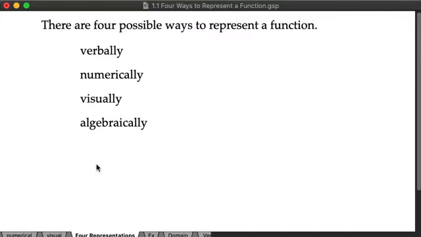Now, in math classes, we typically only work with the algebraic representations, or not only. We often do work with all of these things, but we generally only work with functions that can be represented algebraically as well as in other ways. So let's look at an example of that.